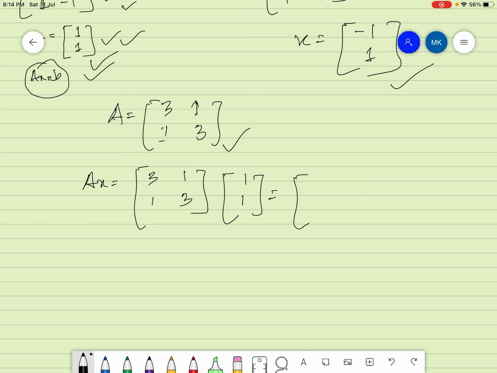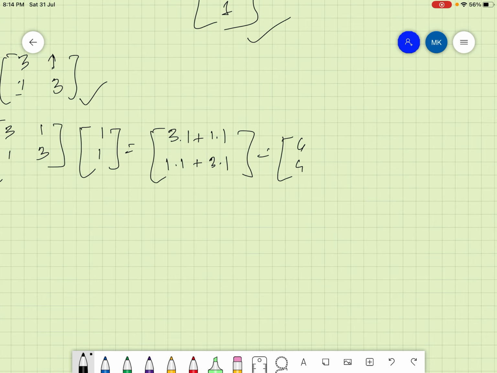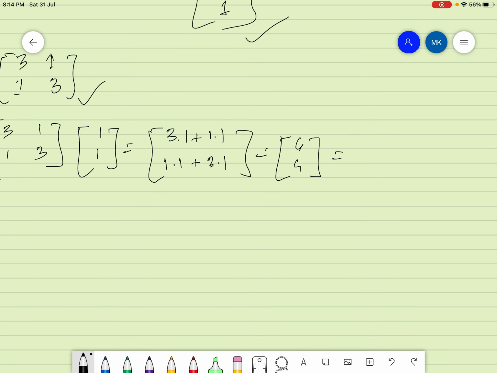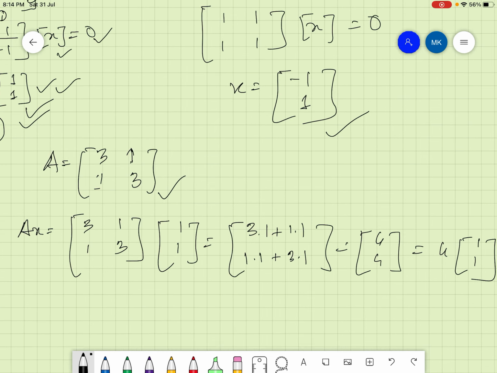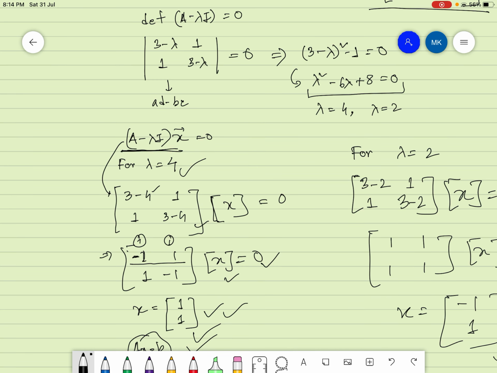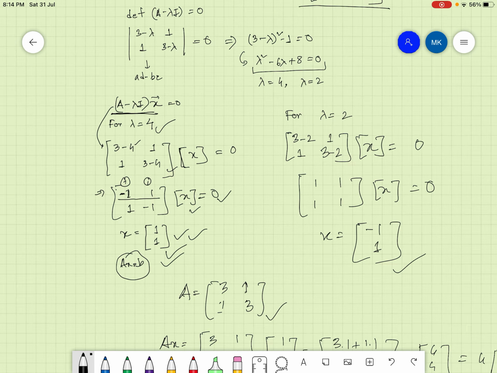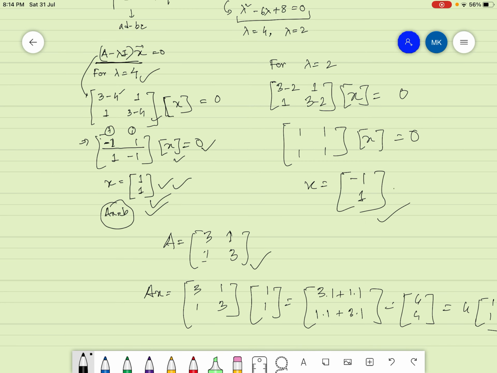So you have 3 into 1 plus 1 into 1, and 1 into 1 plus 3 into 1. So you have [4, 4]. It is stretched by a factor of 4, which is this eigenvalue, and you'll get a similar result if you check with this other vector.